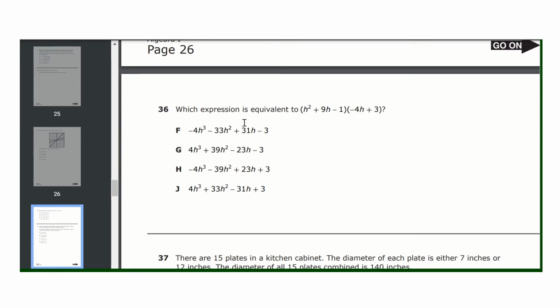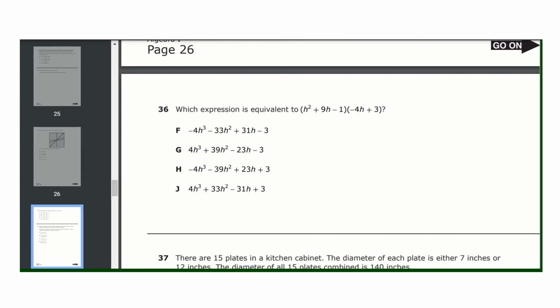36. Which expression is equivalent to, parentheses, h squared plus 9h minus 1, close parentheses, open parentheses, negative 4h plus 3, closed parentheses? Is it F, negative 4h to the third minus 33h squared plus 31h minus 3?